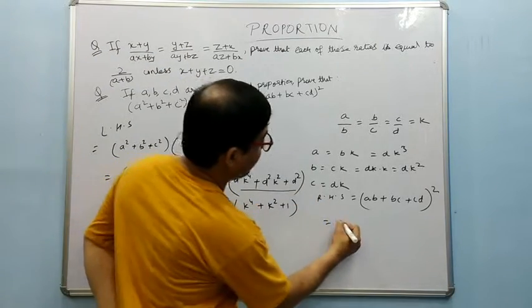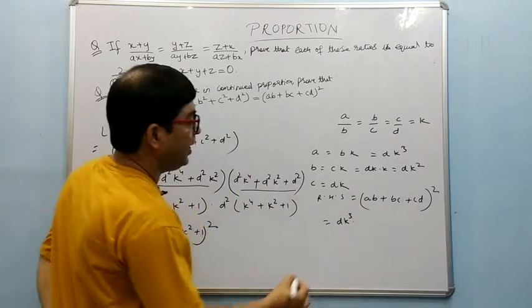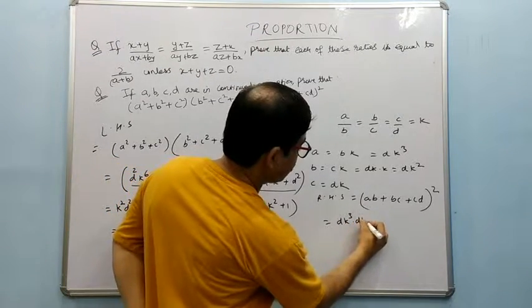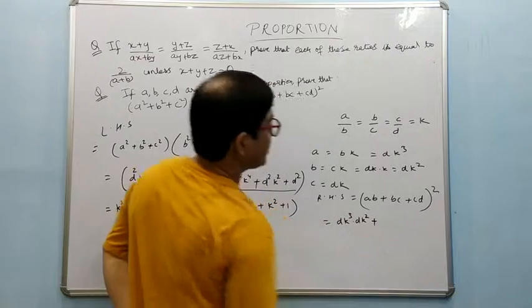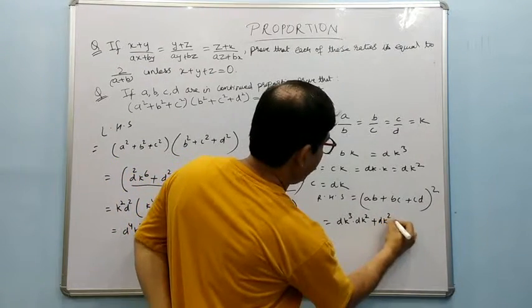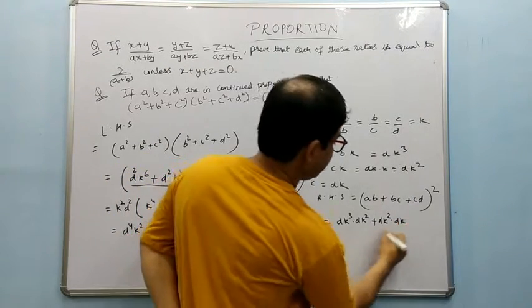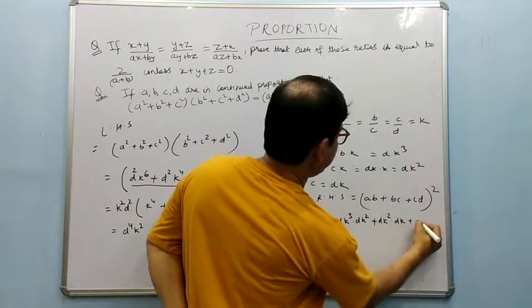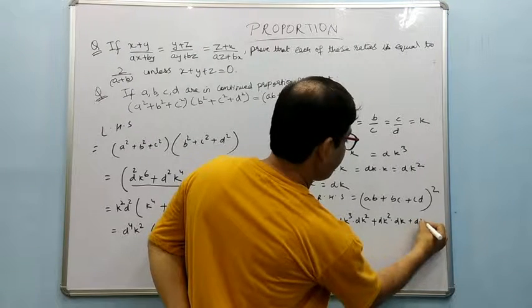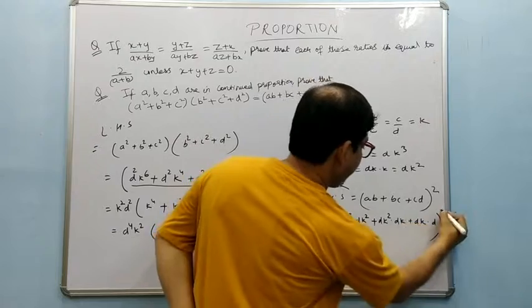For a, I will write dk³ into b. b is dk², plus bc, dk² into dk, plus cd, cd is dk into d, whole squared.